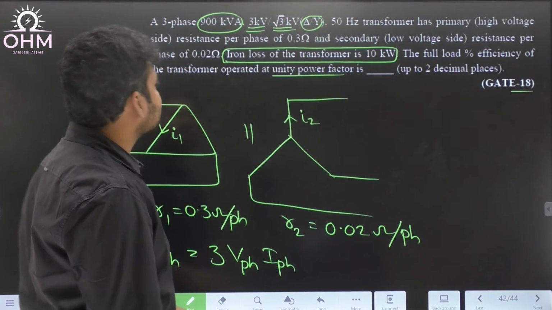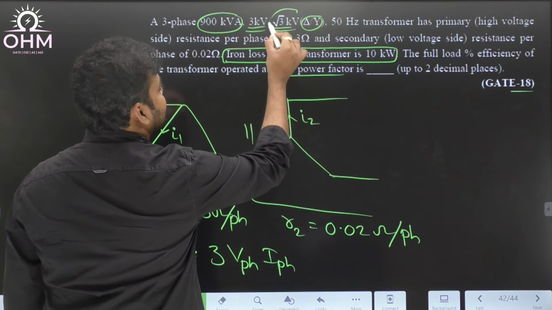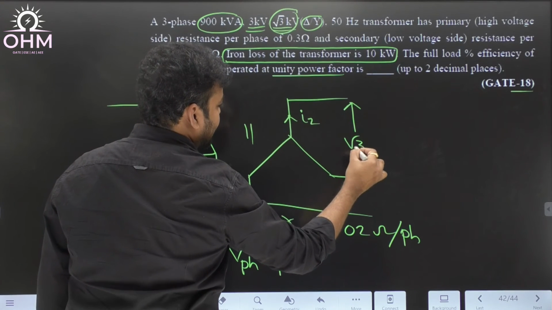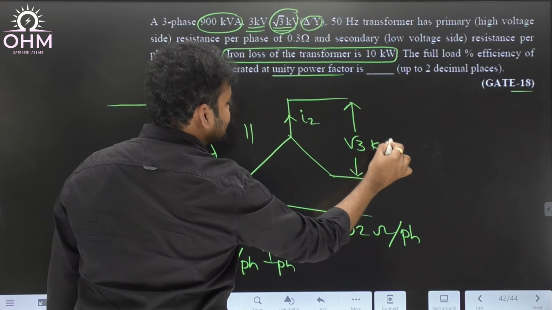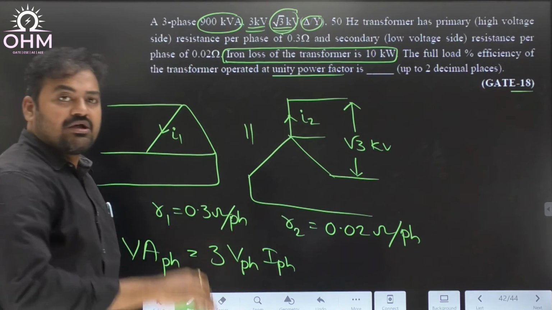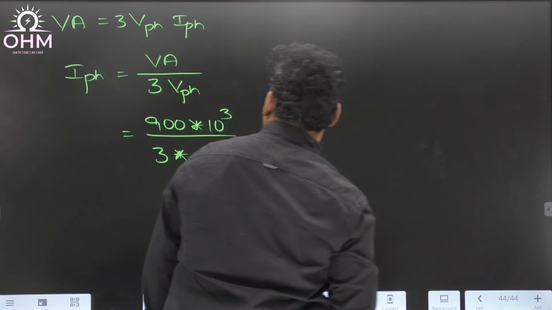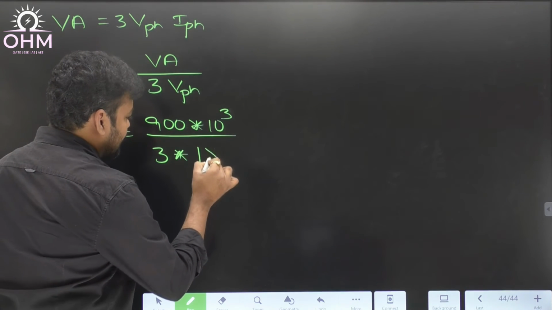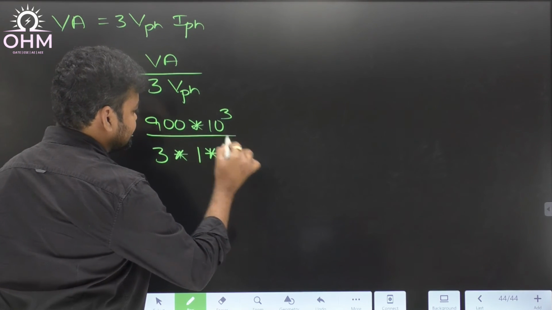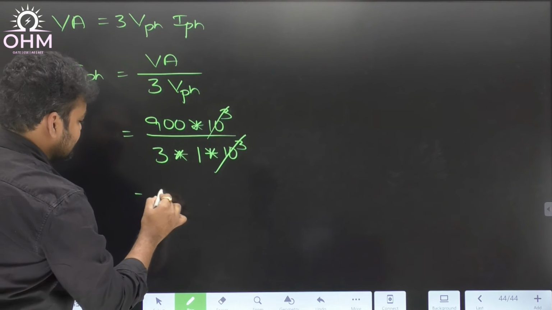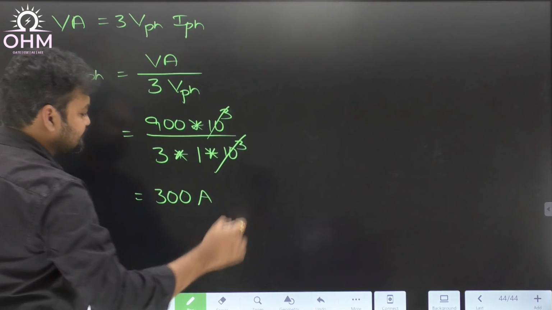Secondary is a star connection, guys. On the star side, line voltage is √3 times phase voltage. If line voltage is √3 kV, what is the phase voltage? √3 by √3, 1 kV. Therefore the secondary side phase voltage is equal to 1 kV. So 10 power 3 will cancel. 900 by 3, this is 300 ampere.